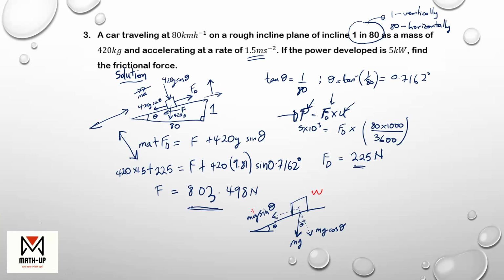And we resolved the components as mg cos theta and mg sin theta. Those are the forces acting on the body. Another force was friction, which was as well acting on the body, and that is what we wanted to find. Then another force acting on the body would be the driving force, or the force that is causing it to move upwards. That is FD.